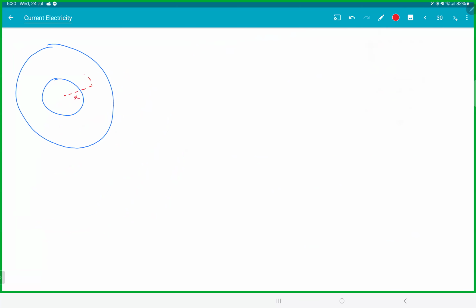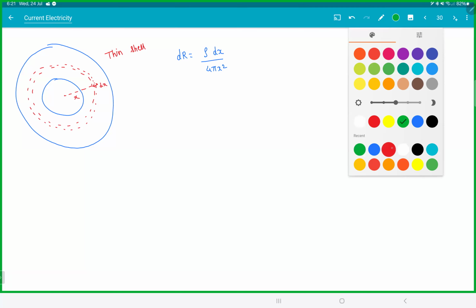Set a distance x, take a thin shell. So resistance of this thin shell is rho dx by area. Now understand, rho L by area, what is L? L is the length along the current flow. How is the current flowing?